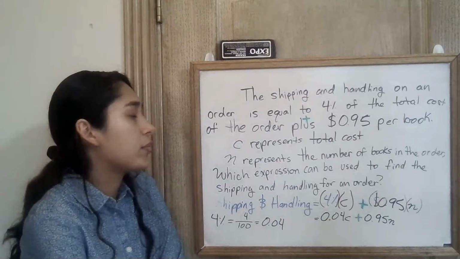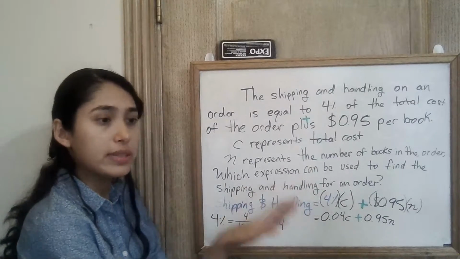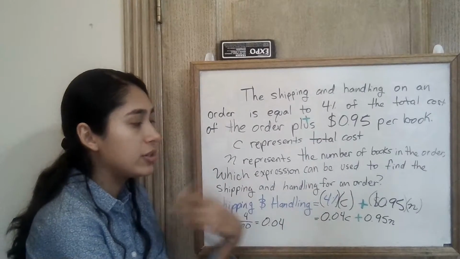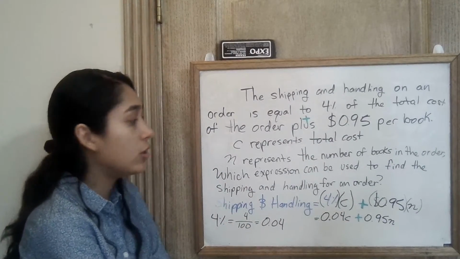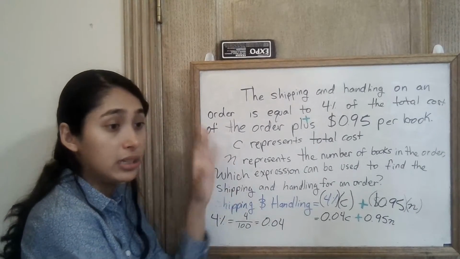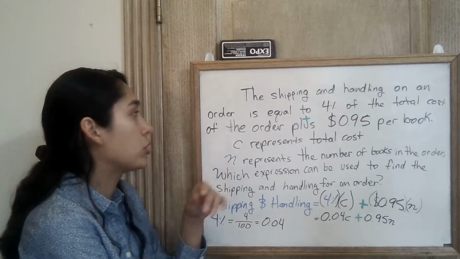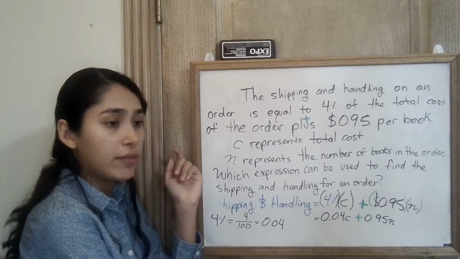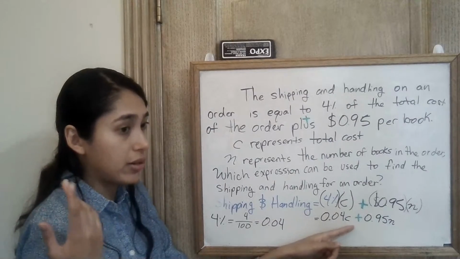So let's say that we get a problem where you find the expression, or they even tell you the expression. More than likely they won't tell you the expression. Aside from setting up the expression, they might want you to solve. They'll give you a list of different books and their prices, and say a person ordered these specific books from the list, and then you'll have to calculate the total cost of the books and count how many books it was.